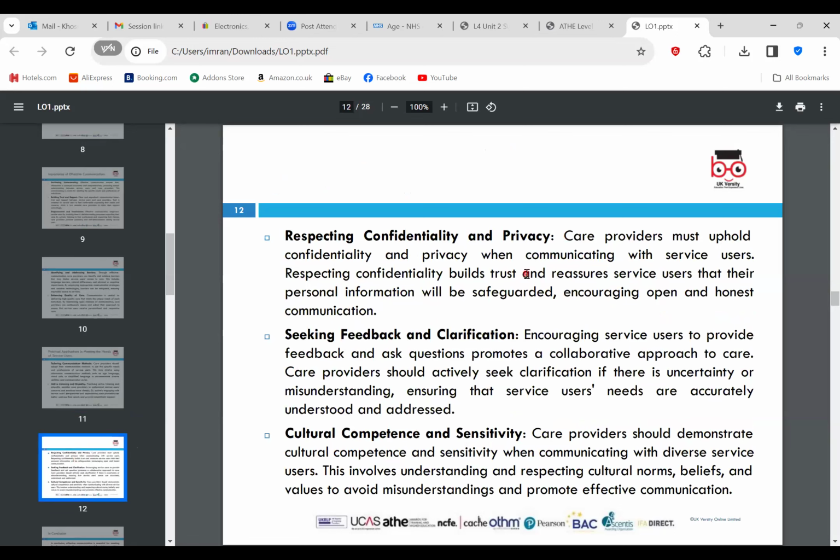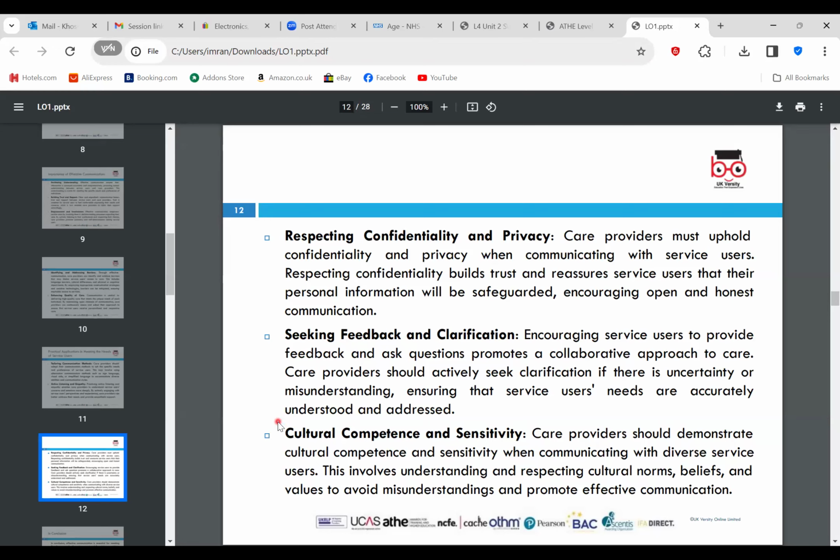Respecting their confidentiality and privacy. If they are saying something to you that relates to safeguarding or some other concerns, you need to keep it confidential, safe and private as much as possible. Seeking feedback and clarification. You should ask them for feedback. For instance, if I'm teaching you this session, at the end I would want to know what you learned from it.